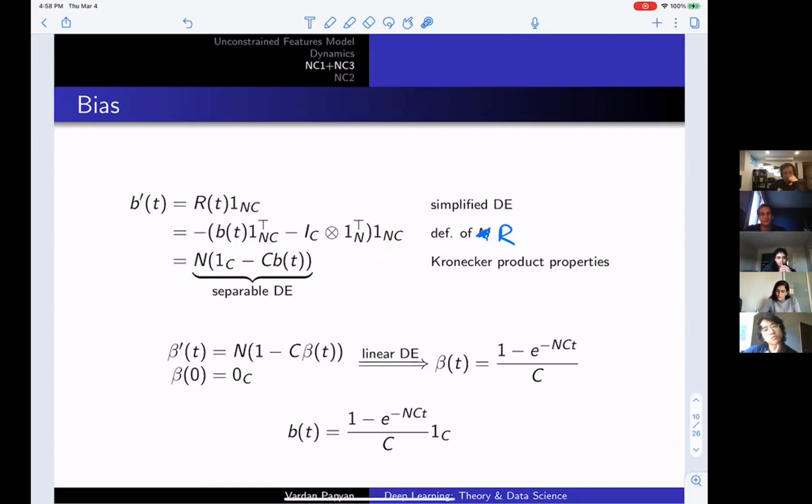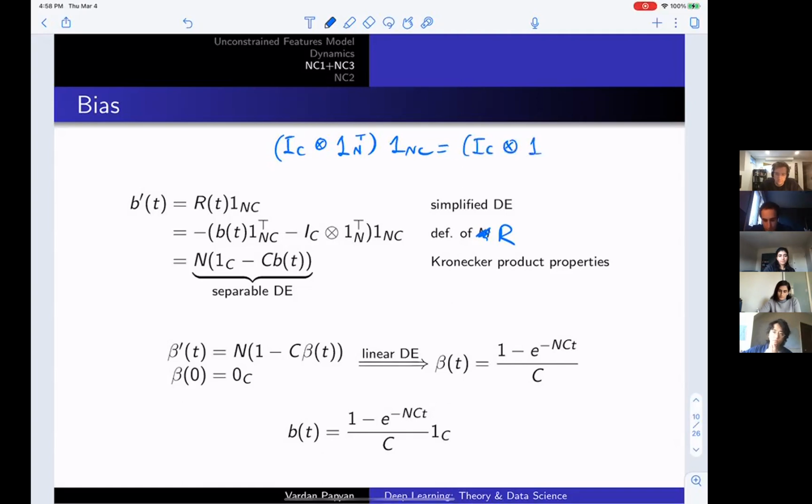What about the other term? What do we get if we do the identity of size c times c, Kronecker product with a ones vector transpose, multiplied by ones of size nc? The first step we could do is write the ones of size nc.